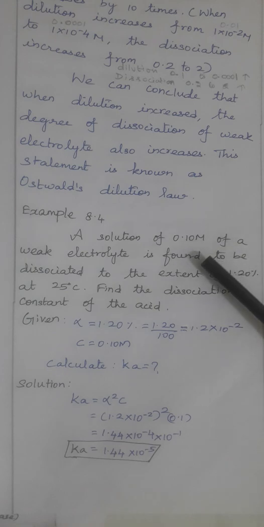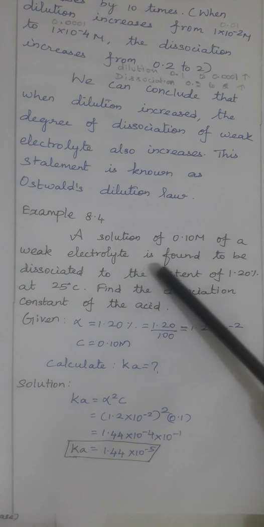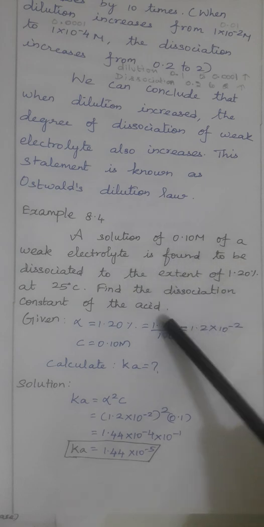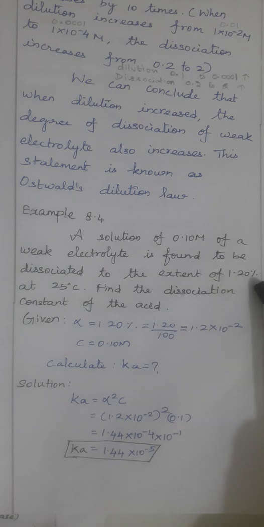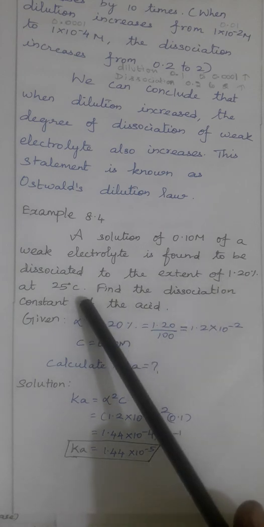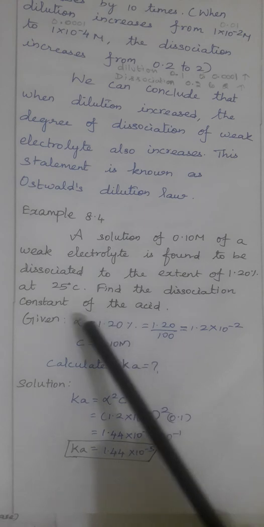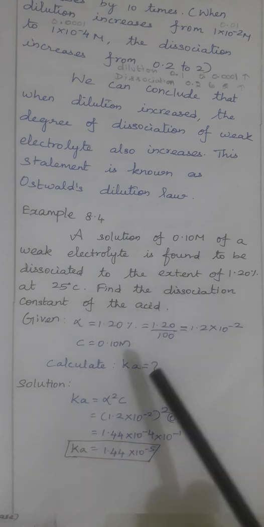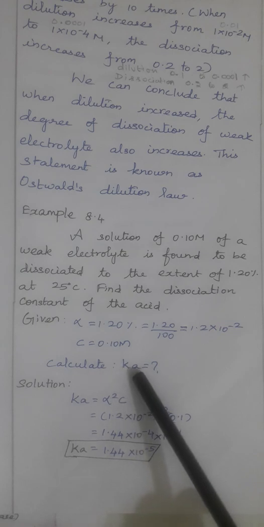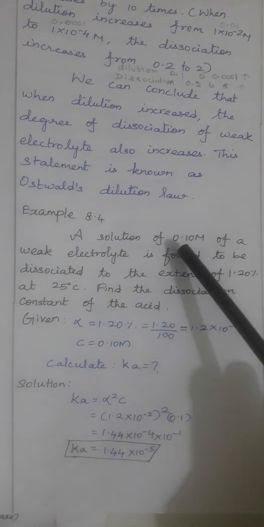A solution of 0.10 molar of a weak electrolyte is found to be dissociated to the extent of 1.20% at 25 degrees Celsius. Find the dissociation constant of the acid. Dissociation constant means Ka. What is given?